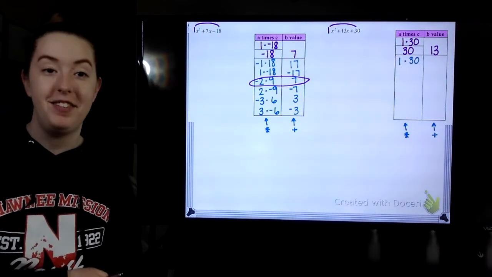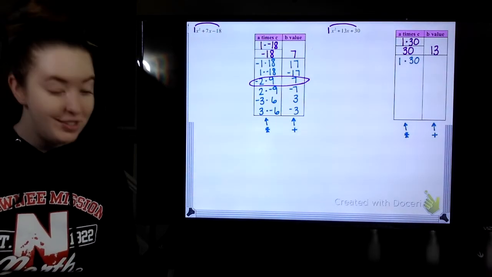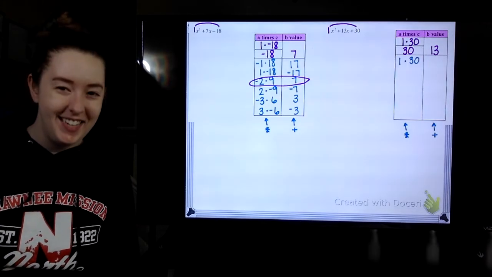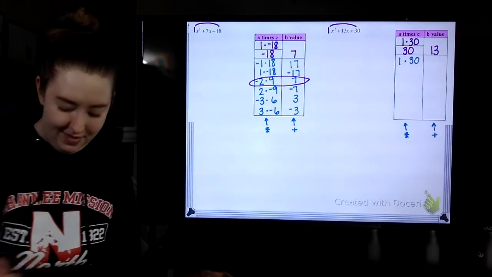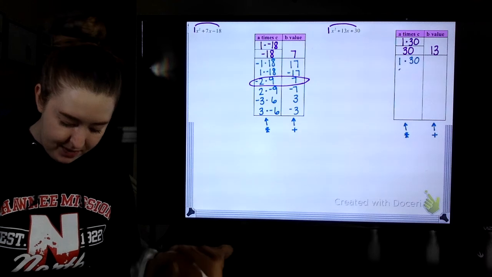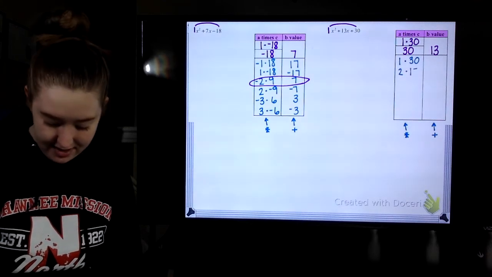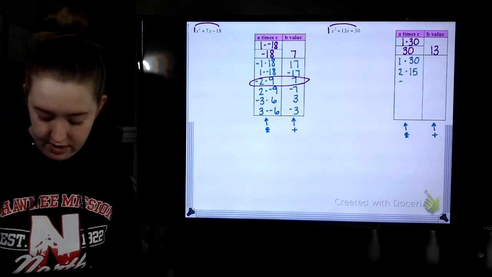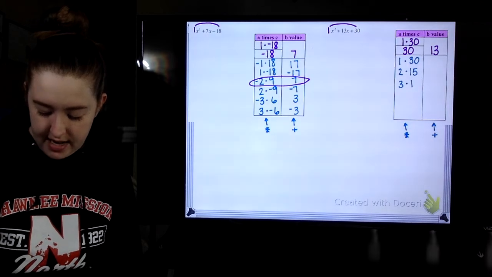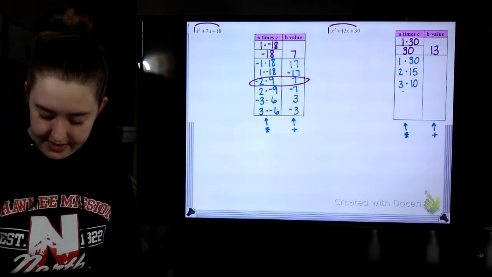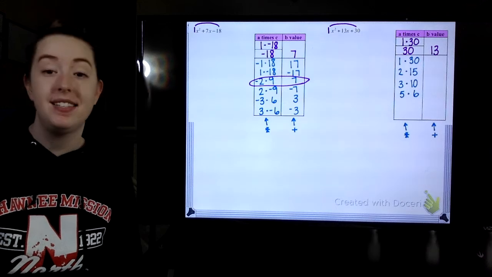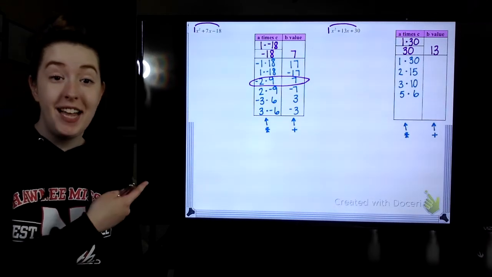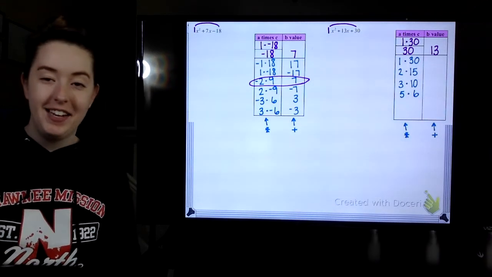So I'm looking at just the positive values right now. So we have 1 times 30, 2 times 15, 3 times 10, 5 times 6.